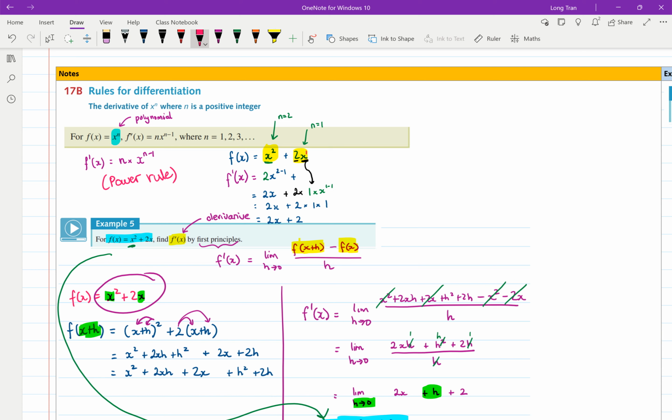You're simply saying, I want to find the gradient at one point, but I don't know how to do that. I'm choosing a second point, and I'm infinitely making the second point as close to the first point. So technically, when you find the gradient, it gives you the gradient of one line, or the gradient of one point. That's the theory. Instead of doing that, which is limits and it takes a long time to do, they found out through proof, and there's a proof at the end if you're interested in it.